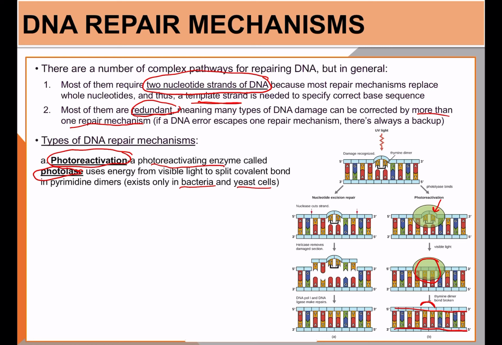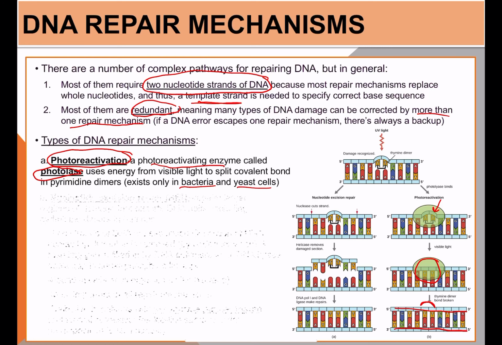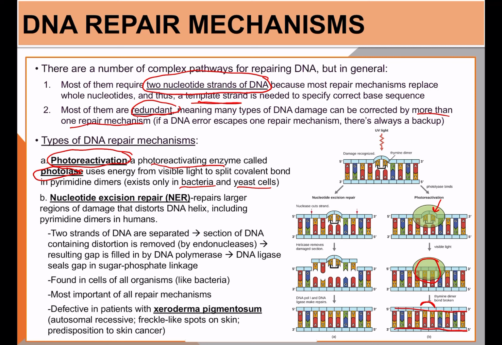Now this photoreactivation process only exists in bacterial cells and yeast cells. That's why in your lab exercise, you had to mention a different type of repair called nucleotide excision repair, which exists in humans and other cells. The lab makes it sound like it's just in humans, but it actually exists in other organisms as well.